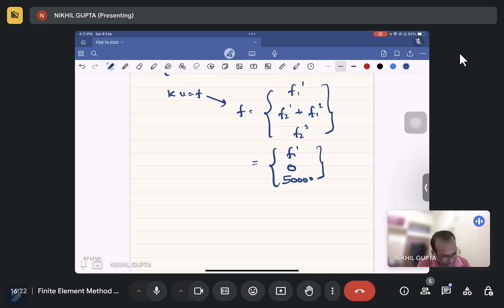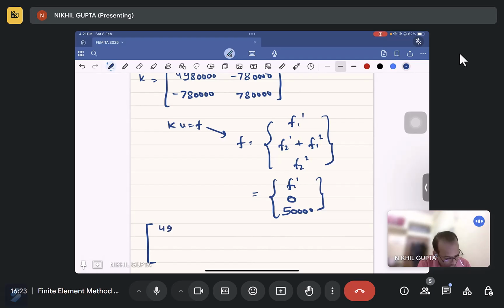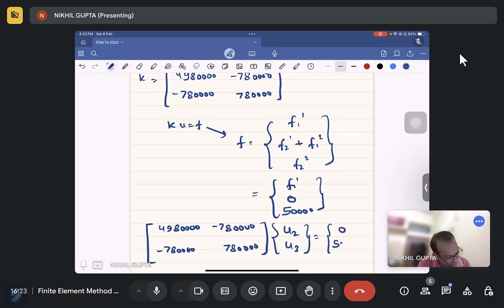So you solve this, you will get KU is equal to F as 198.4, minus 78.4, 78.4, multiplied by U1, U2 and U3, and this will be 0 and 5 2 3.